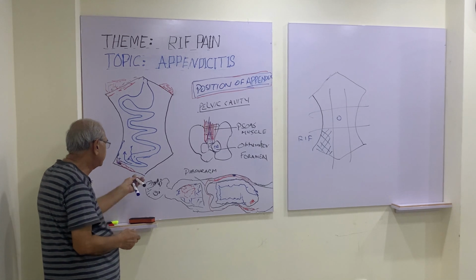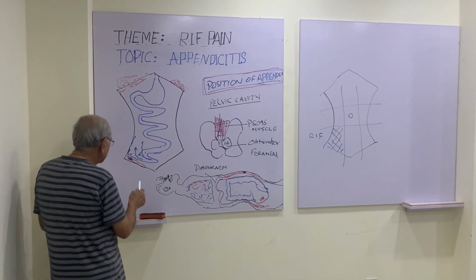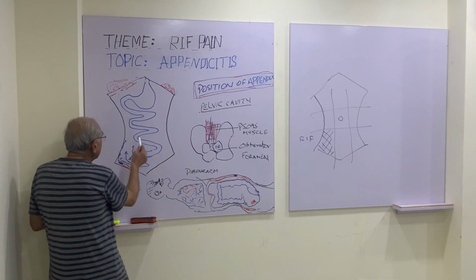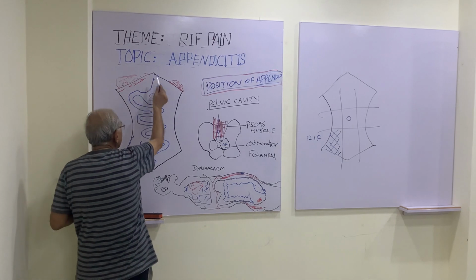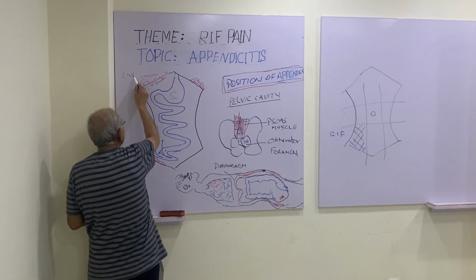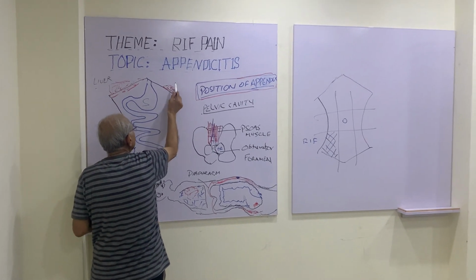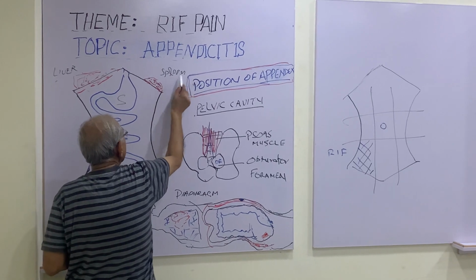Now in this lecture, what we are looking at here is the ileum, this is the stomach, this is the diaphragm, this is the liver, this is the spleen, and the spleen is under the ribs.